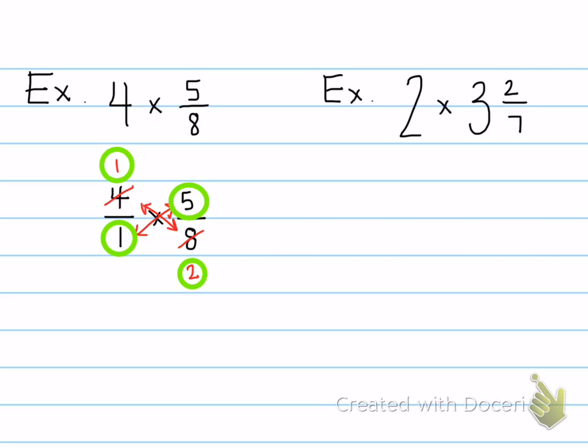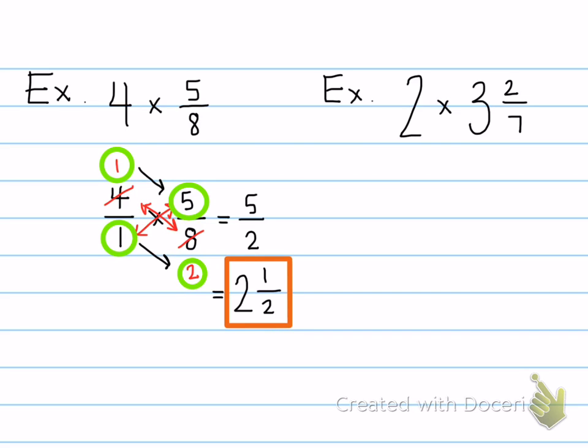So now I'm going to just multiply across. 1 times 5 is 5. 1 times 2 is 2. And I'm left with 5 over 2, which at this point we know is not a proper answer because it's an improper fraction. I know that 2 goes into 5 2 whole times, that's 4. So there's 1 left over out of 2. That cannot be simplified, so my answer is 2 and a half.